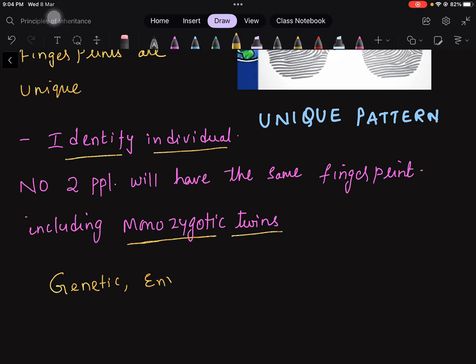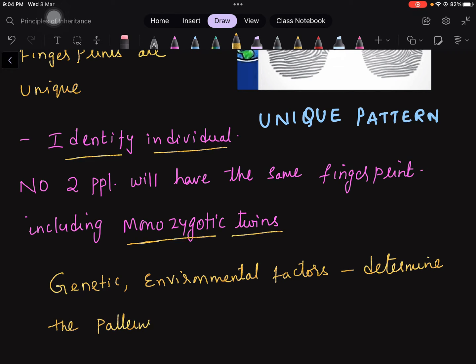Genetic and environmental factors put together will determine the patterns of fingerprints, right?